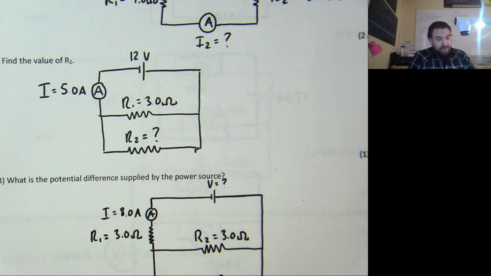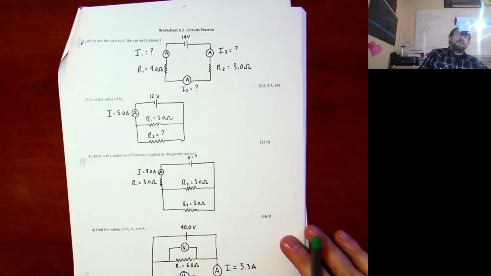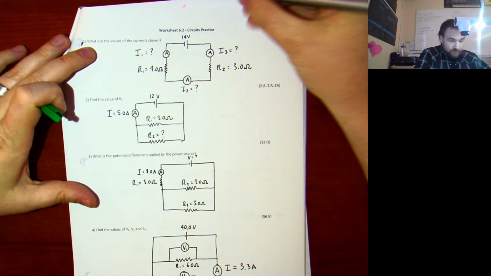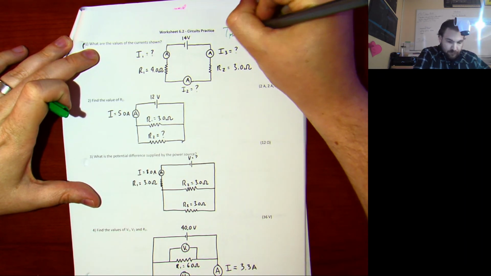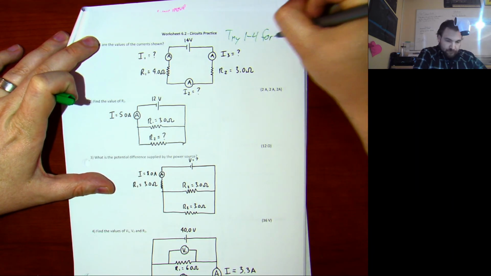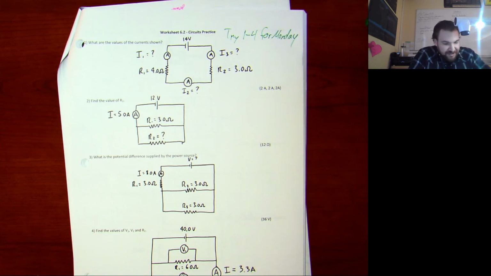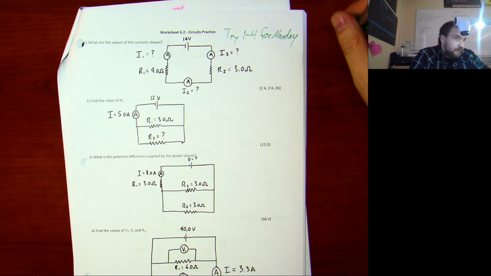I just want you to do the first 4 for Monday, using the same reasoning that we've been doing here. The math isn't hard. You just have to be able to reason your way through it.